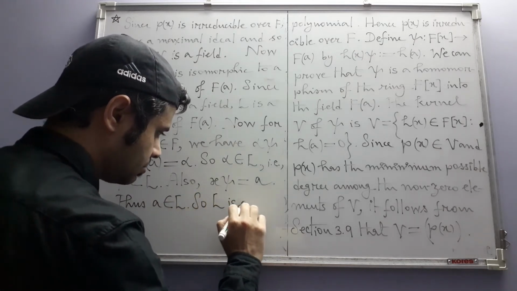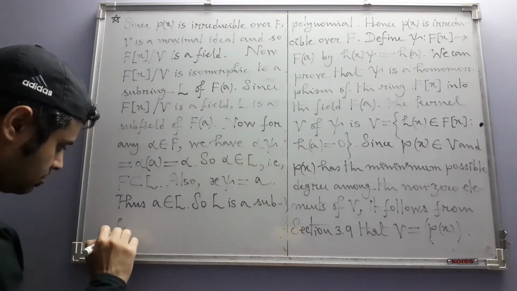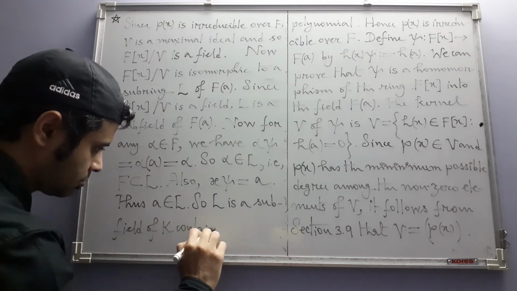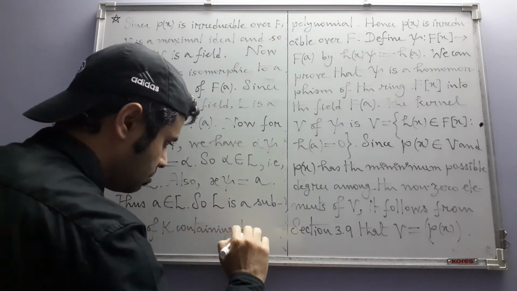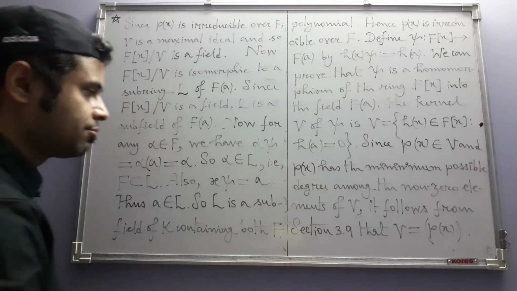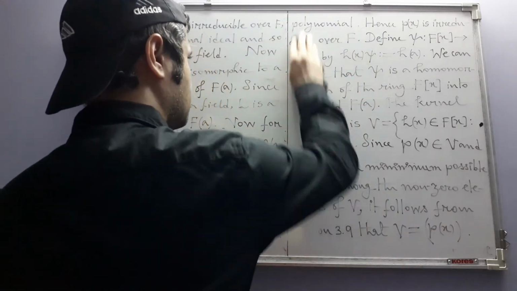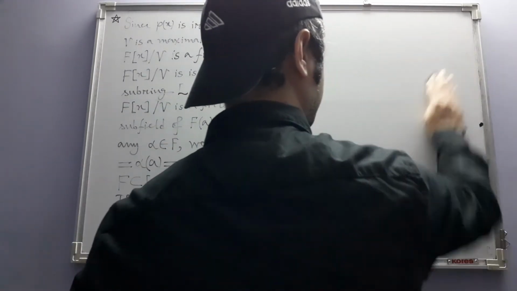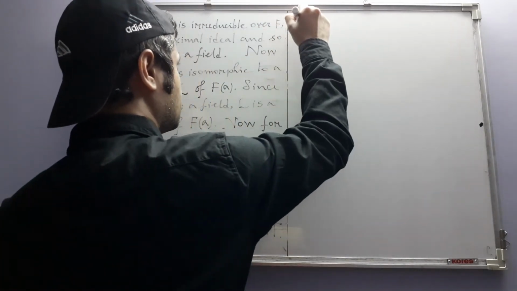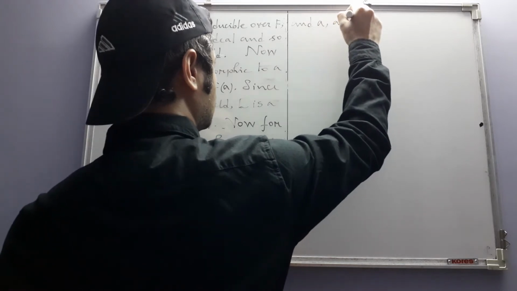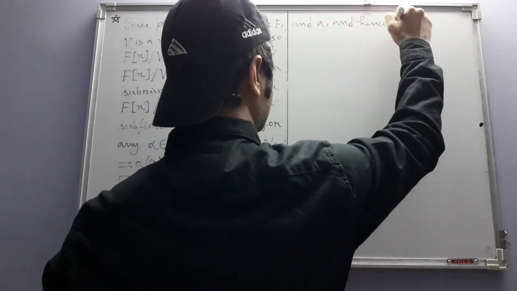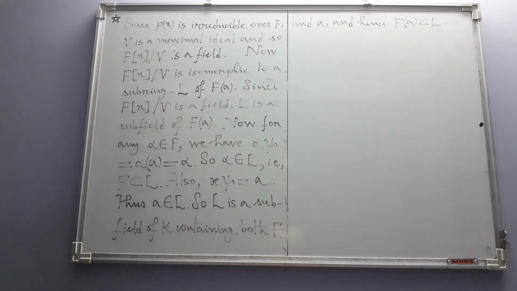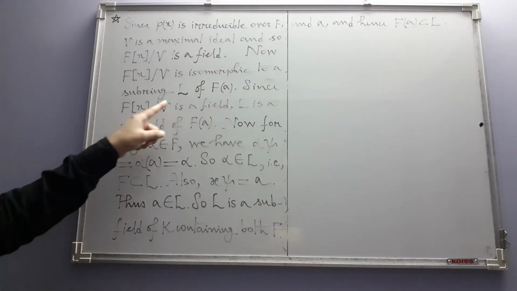So L is a subfield of K containing both F and A. And hence the smallest such subfield will be contained in L. Now you look at these two inclusions.